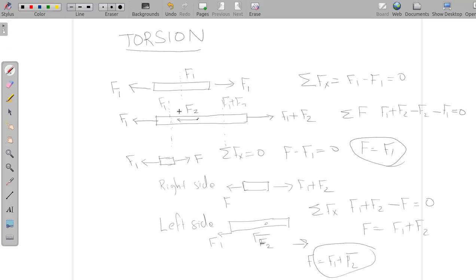If you want to find out internal force resultant at any point, cut the bar at that point, use the equations of equilibrium, and find out the force that should have been there to keep the whole system, or the part selected, in equilibrium. That force is called internal force resultant.